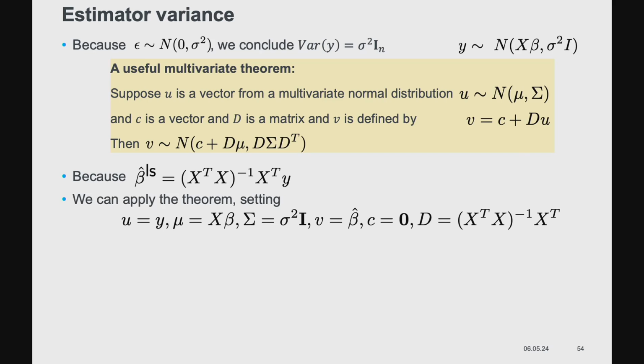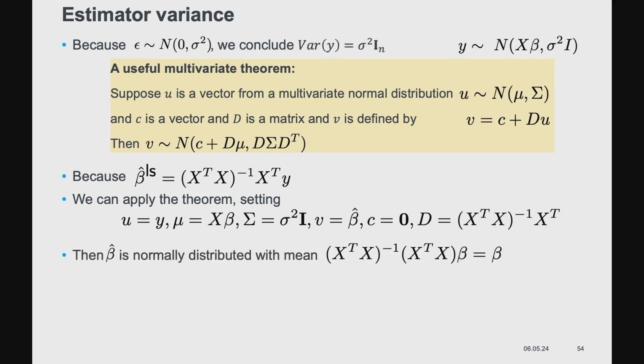We just have to set our u to correspond to this y, our mu to correspond to our prediction, our sigma to be the variance, which is the same as the variance of our epsilons, and the v to be the beta hat, d to be this matrix that we have here.